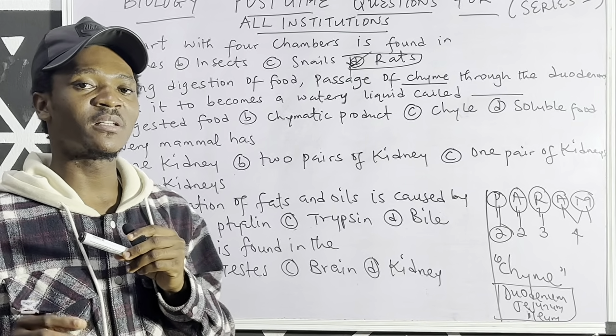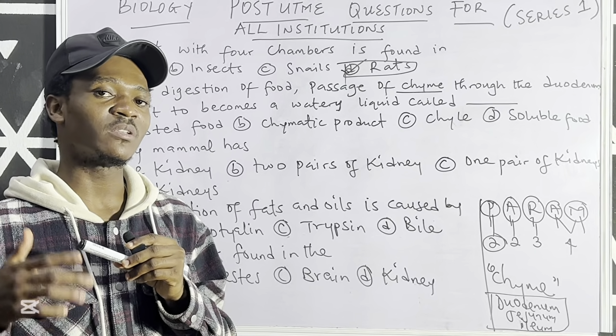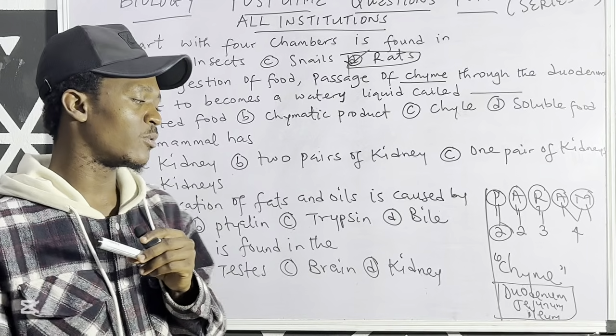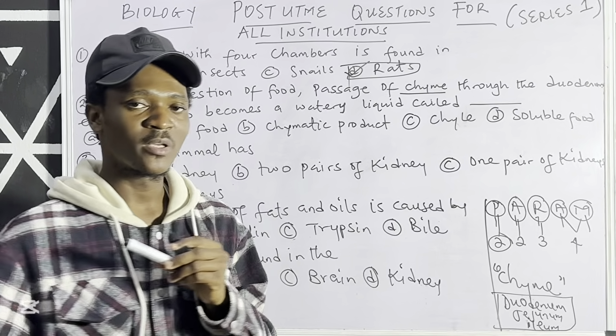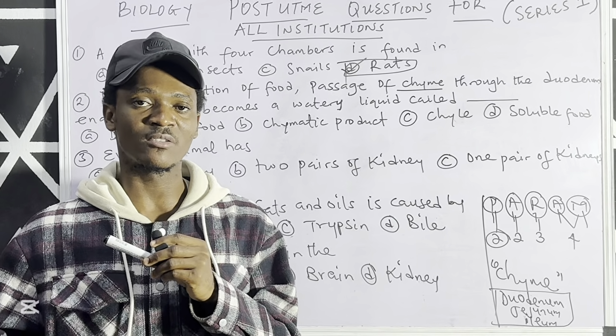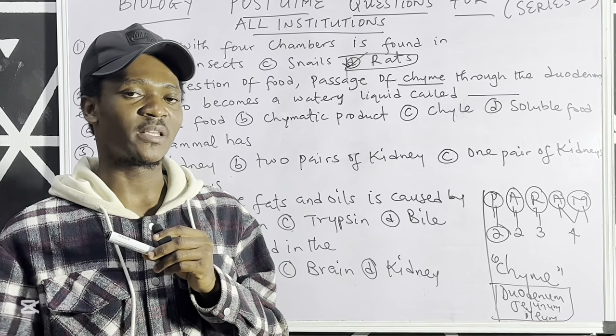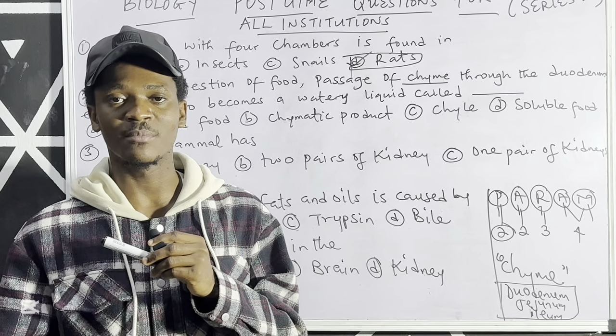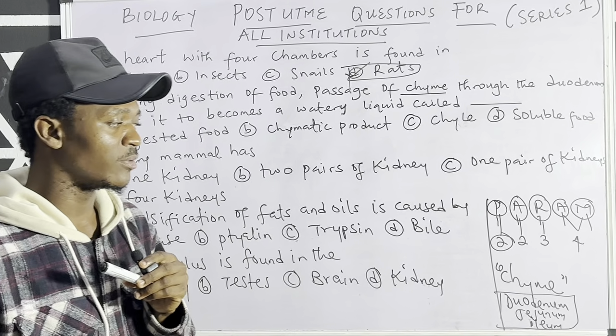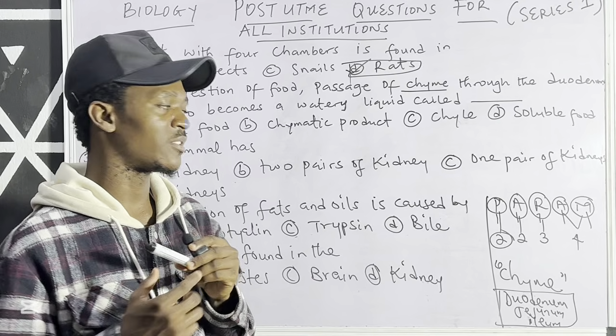So when food immediately leaves the stomach, it enters into the entrance of the small intestine, which happens to be the duodenum. So that food, like I said, food in the stomach is called chyme. Then the moment it enters into the small intestine and passes through the duodenum, of course, it is called chyle.